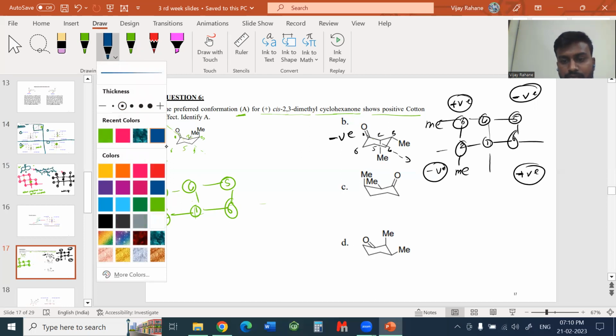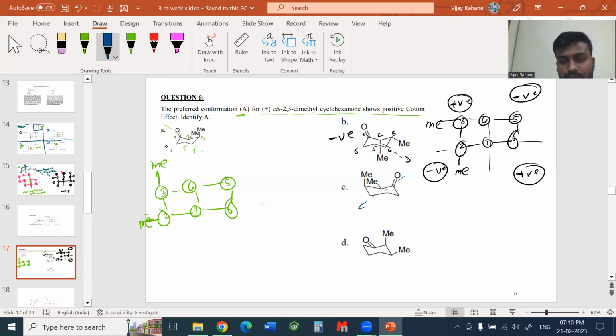Here we need to see from this side. If you see from this side, then what you can see is 1, 2, 3, 4, 5, 6. The one is here, and on the right hand side there is a methyl attached, which is equatorial.